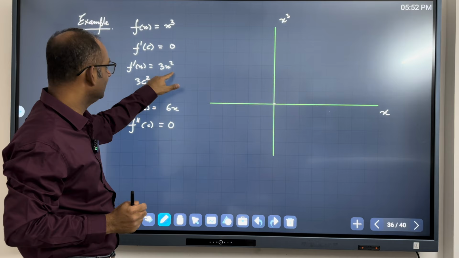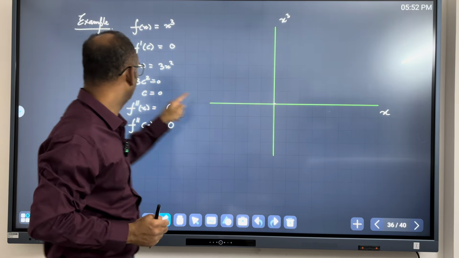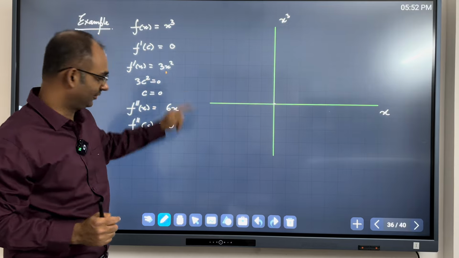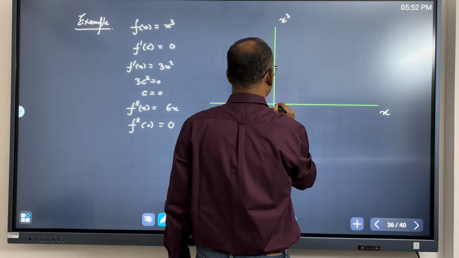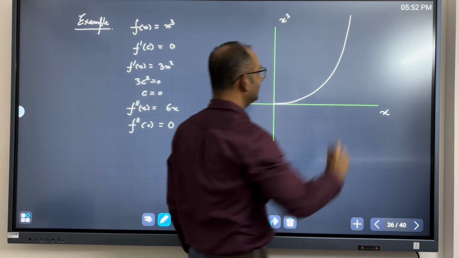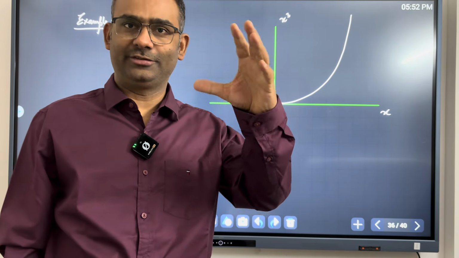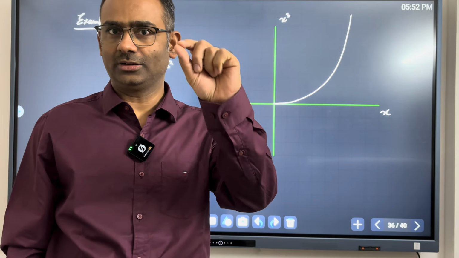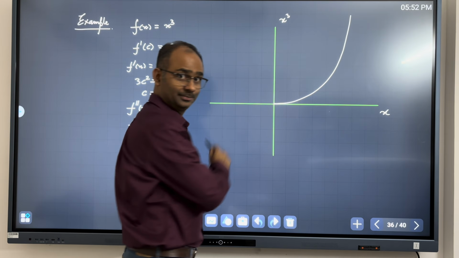When x is positive, the slope is always positive, and the slope is increasing as you increase the values of x. So the function will look like this. I ask you to get a proper curve by taking a few values of x, marking them on graph paper and drawing it. So you see the slope here is 0.